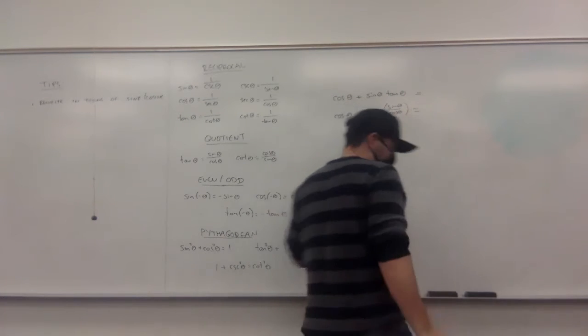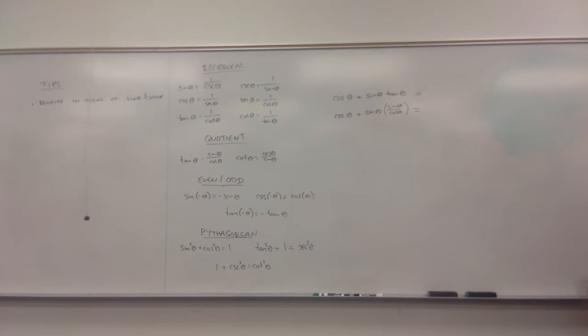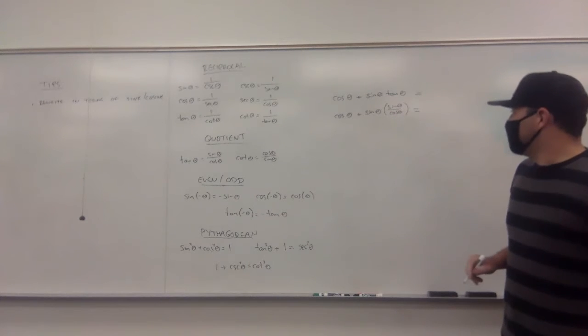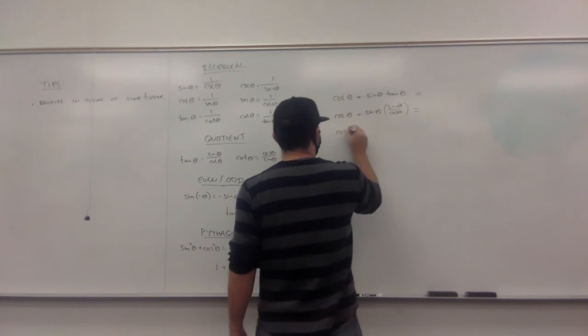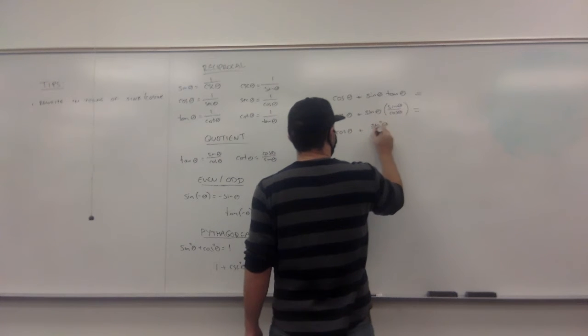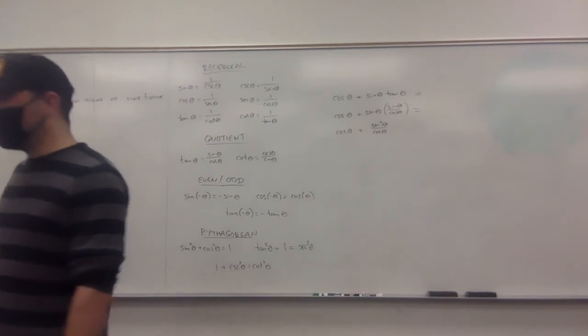And I'll totally acknowledge that it doesn't look like things are getting simpler yet, right? They actually look like they're maybe getting more complicated. We started with 3 trig functions, we got 4 trig functions. But there is some new structure here. So for example, I can multiply this fraction out and have cosine theta plus sine squared theta over cosine theta. That looks a little bit better there.